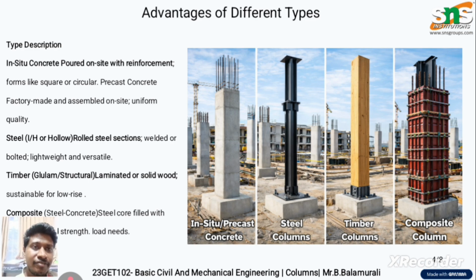So the different types of columns are precast concrete, steel columns, timber columns, and composite columns. The precast concrete will have a square or circular structure.